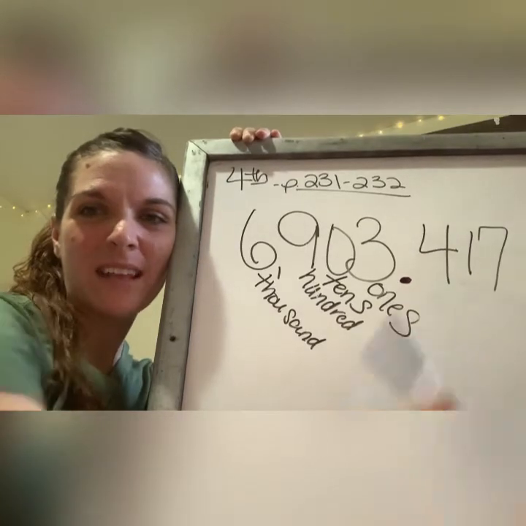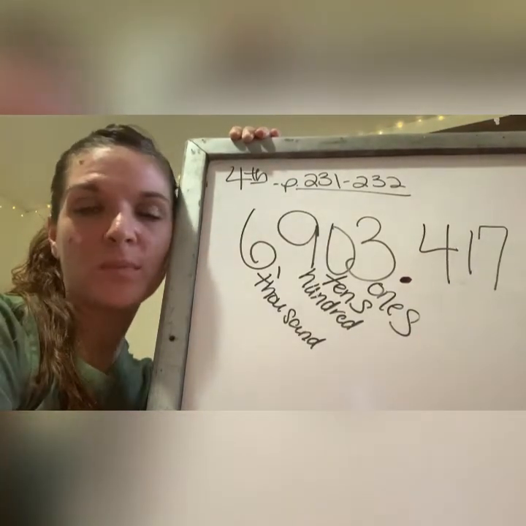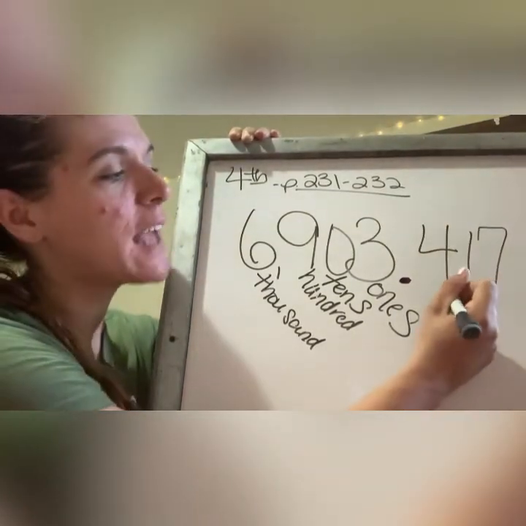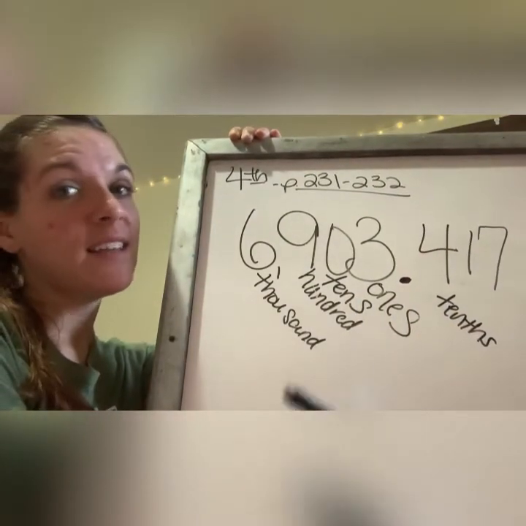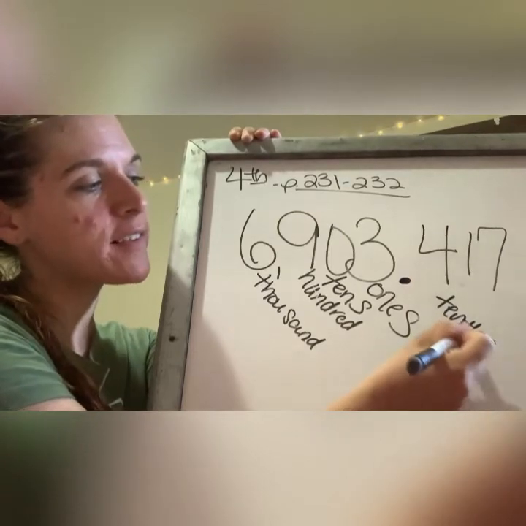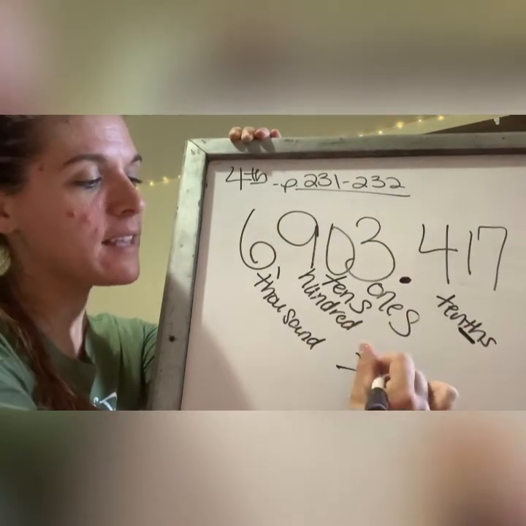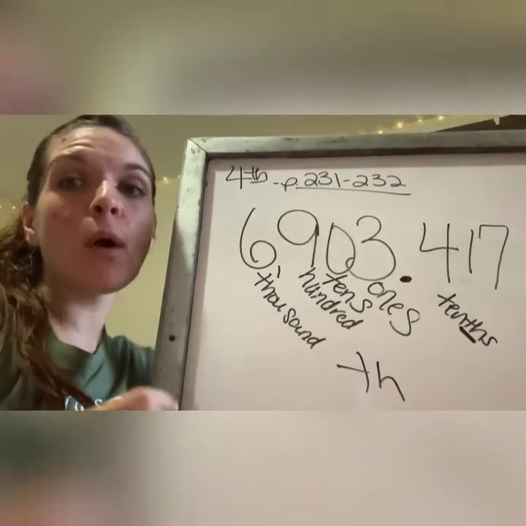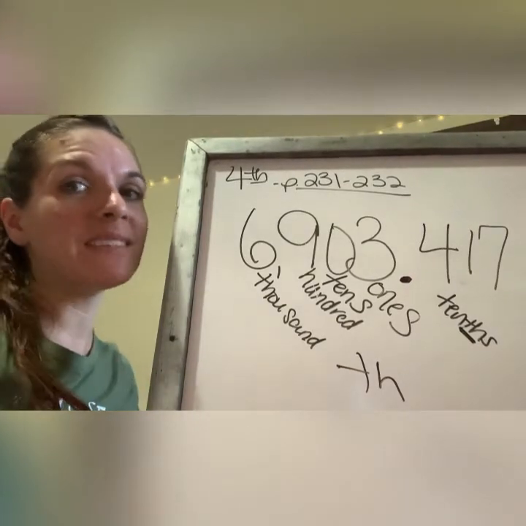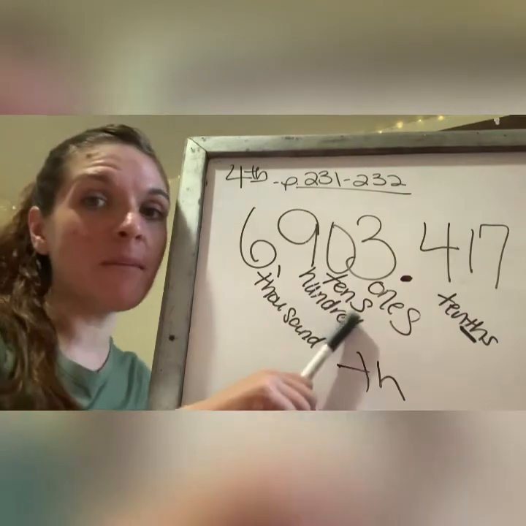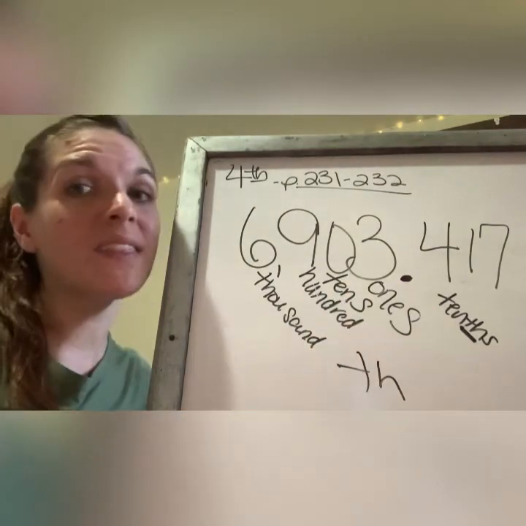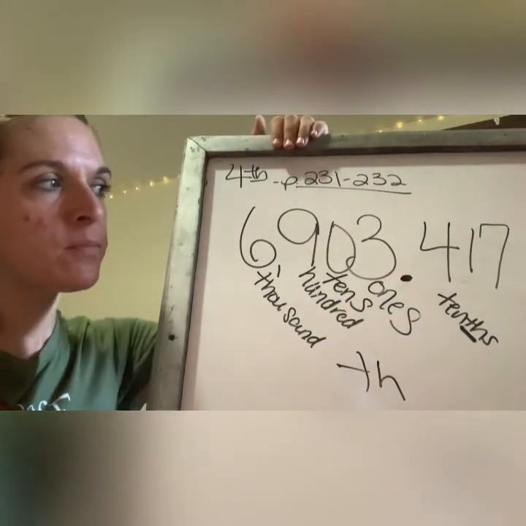But what are these places? Let me teach you. This is called your tenths. What? We have tens over here. I know. This is not your tens. This is your tenths with the TH. That TH, you guys, means that it is part of a number. It's a fraction or a decimal. Tenths. Say that with me. Tenths. It's not the same as tens, okay? And you don't have oneths, just tenths. Look at the next one.